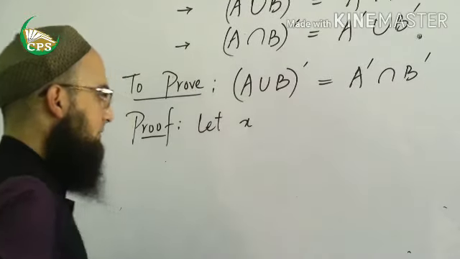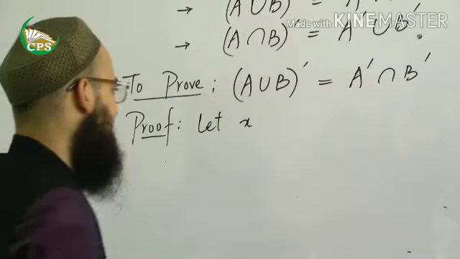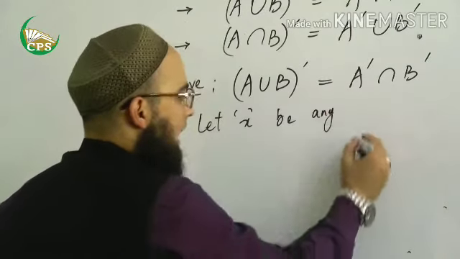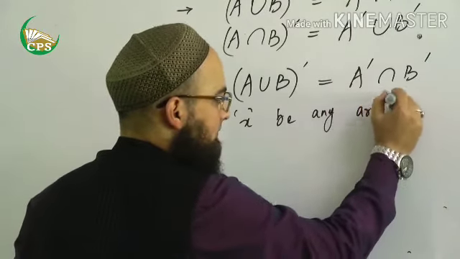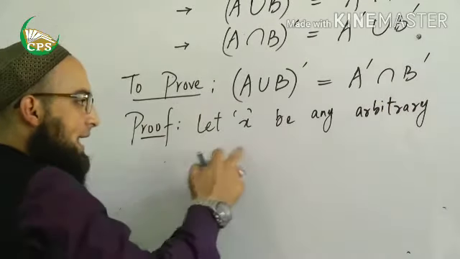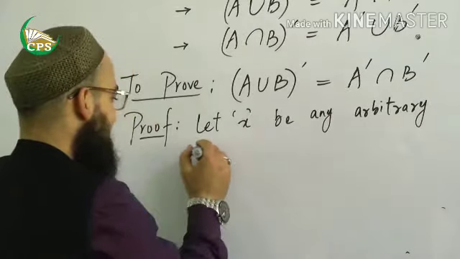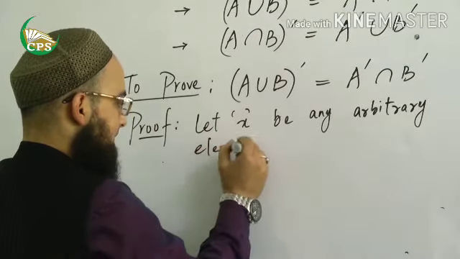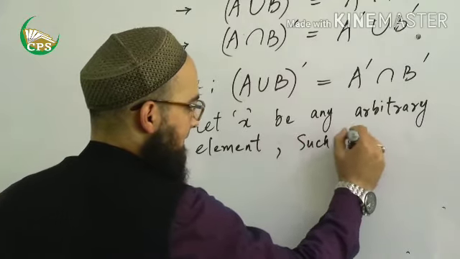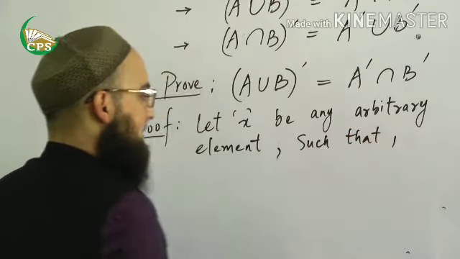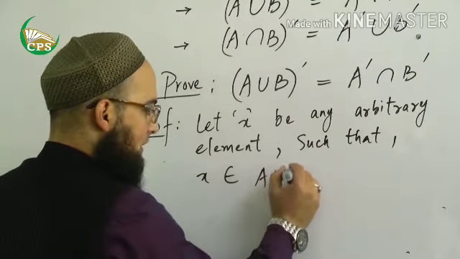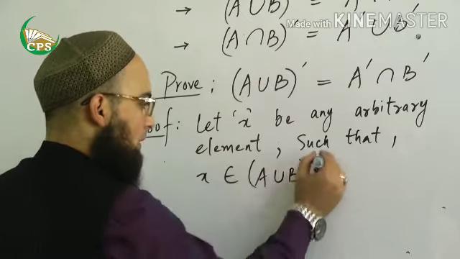Let X be any arbitrary element, which means any random element, such that X belongs to (A union B) whole complement.